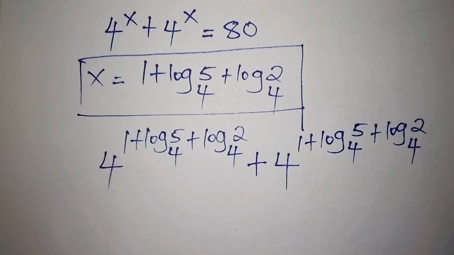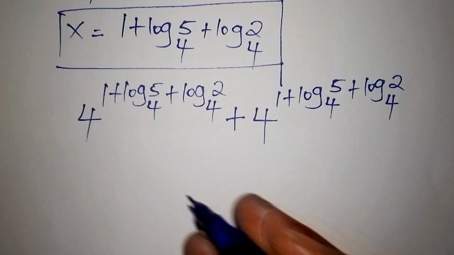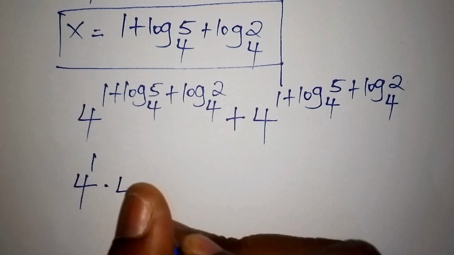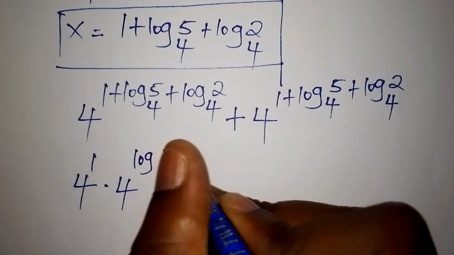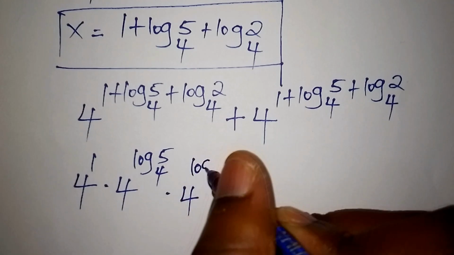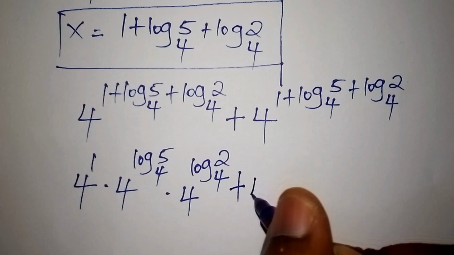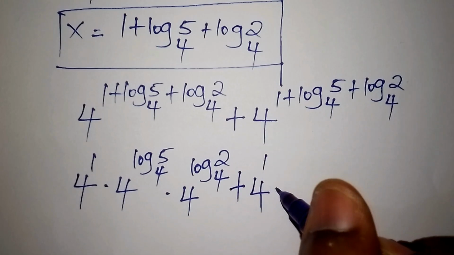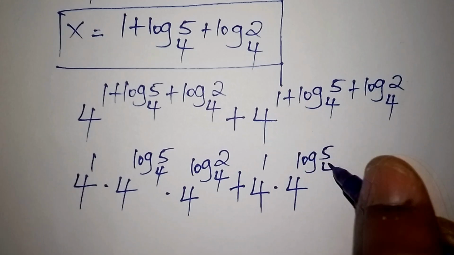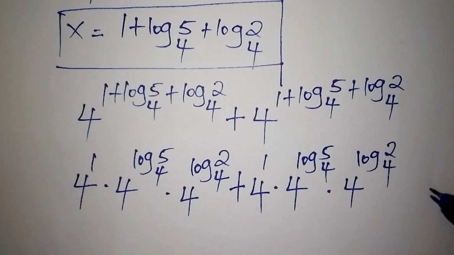So when you write it properly, we shall now have it as 4 to the power of 1, plus means multiply, 4 to the log of 5 to the base of 4, plus also means multiplication, 4 to the log of 2 to the base of 4, then plus 4 to the power of 1 multiplied by 4 to the log of 5 to the base of 4, multiplied again by 4 to the log of 2 to the base of 4.